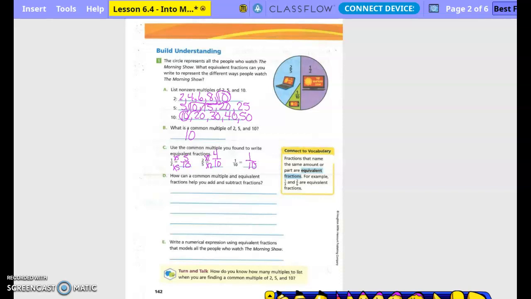Okay, so by having the same size parts, it makes it easier to add or subtract.